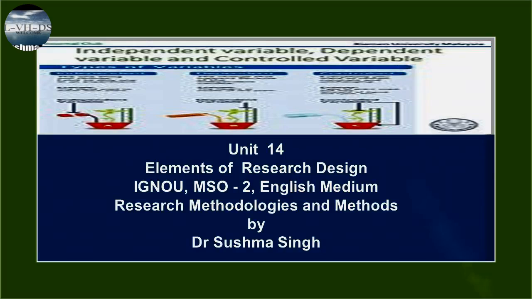The first is defining your research problem. In the research process, the first step is to select and clearly define the problem to be researched. You need to find the problem and formulate it so that it can be subjected to research.